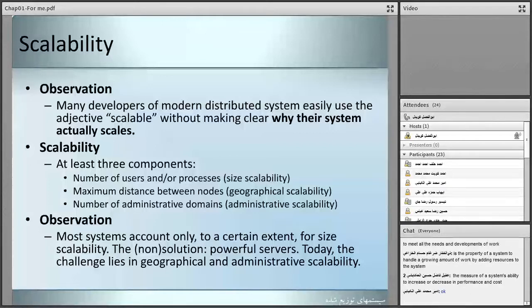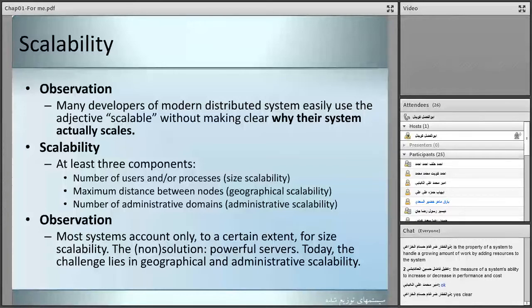The other component of scalability is about geographical scalability, maximum distance between nodes. For example, if we increase the distance between nodes in our distributed system and performance is not decreased, so our system is scalable in terms of geography. It is called geographical scalability, increasing the distance.